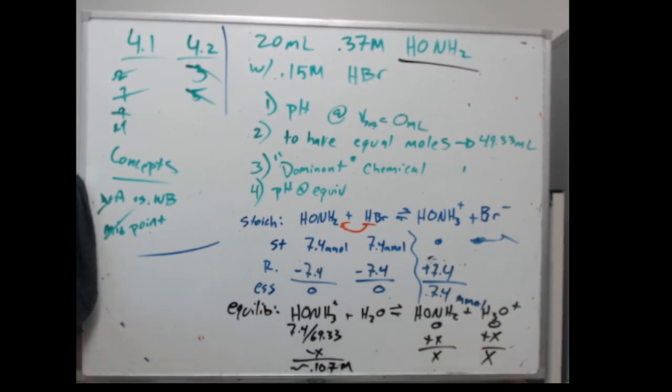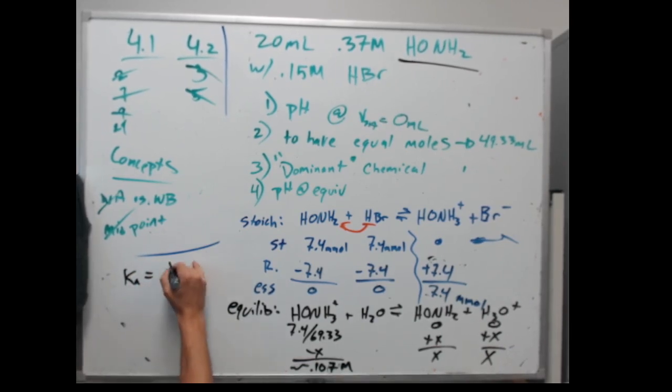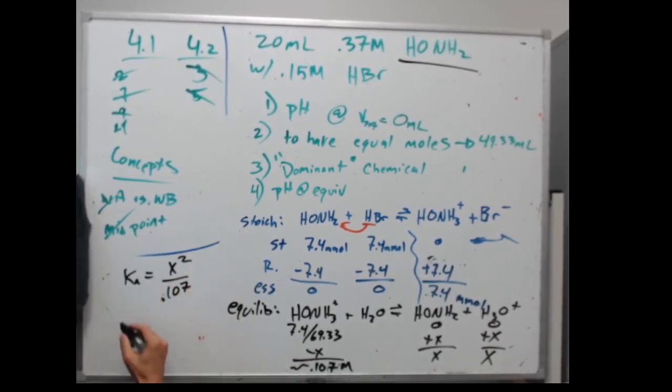I didn't give myself enough space for the problem, so I'll move over here and say Ka equals x squared over 0.107. And I can get Ka from the Kb value: Kw divided by the Kb value.